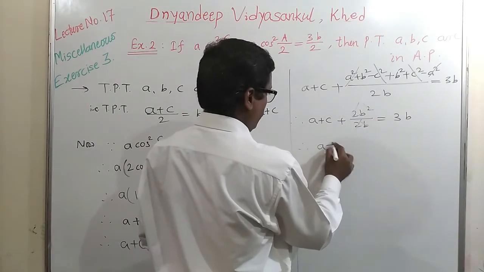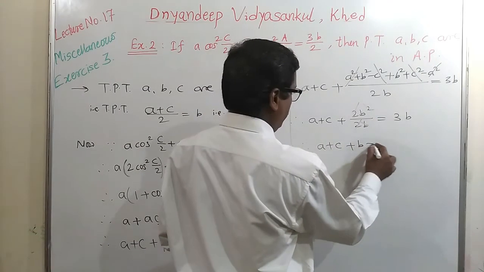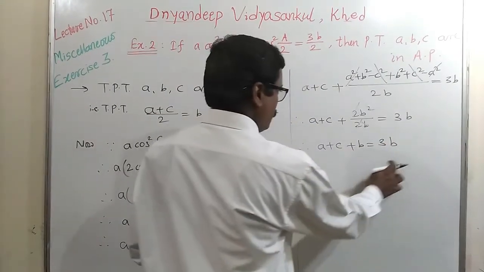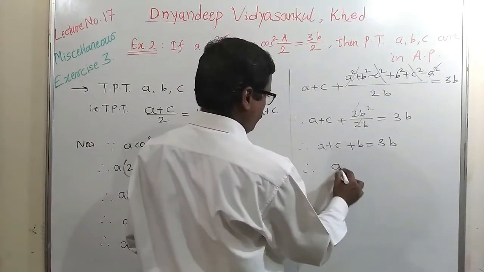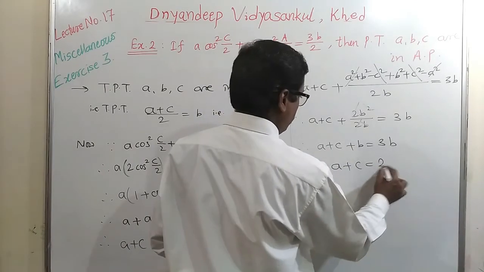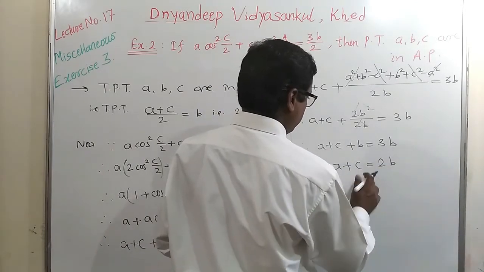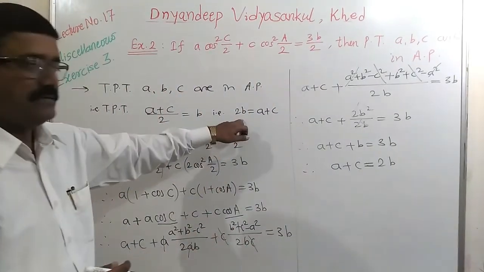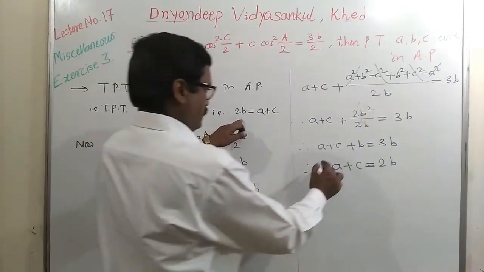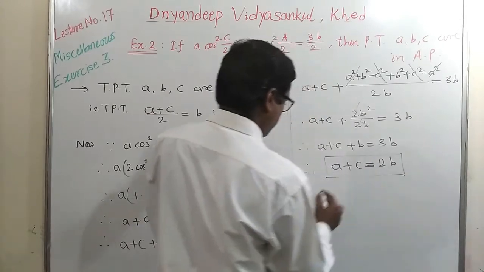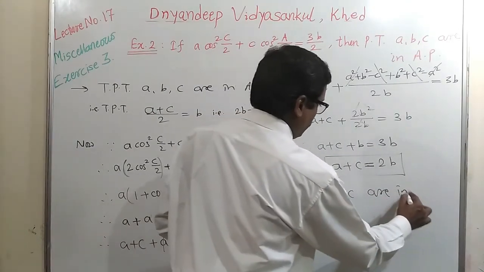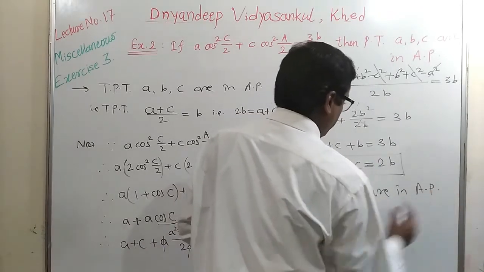Therefore you get a plus c plus b equal to thrice b. Take b to the right, therefore we get a plus c is equal to twice b, and that is the required result. So from this result we can say that a, b, c are in AP.